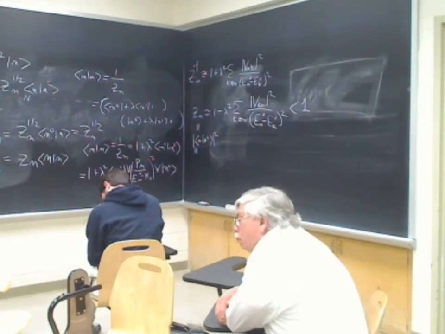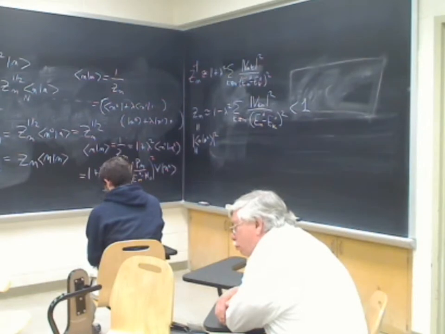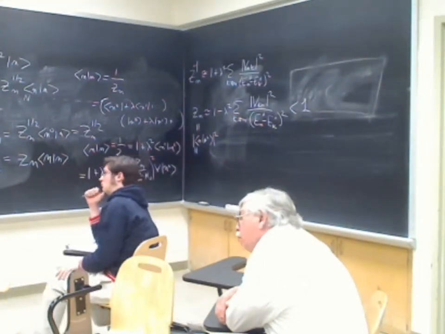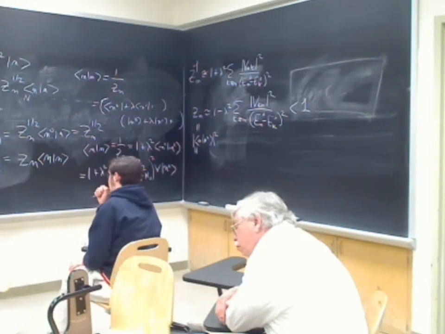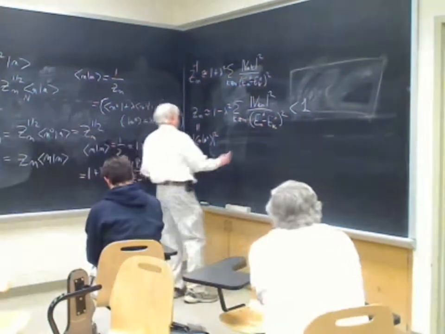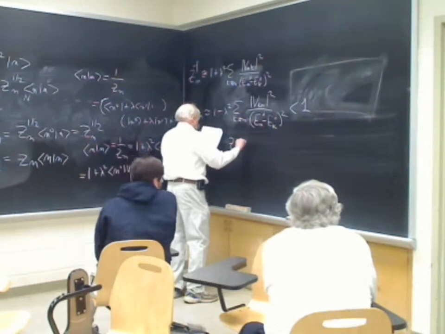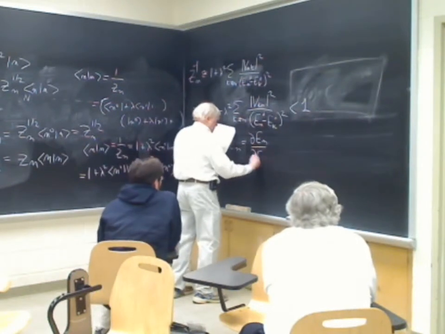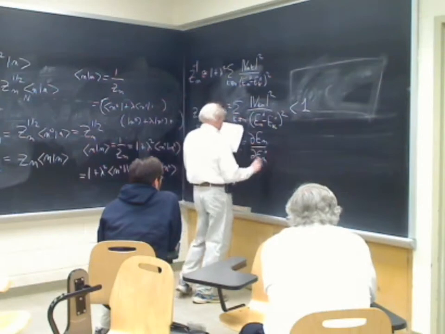And we can see that this expression here is a derivative of En with respect to En0. In other words, this Zn, in fact, is the partial of En with respect to En0.